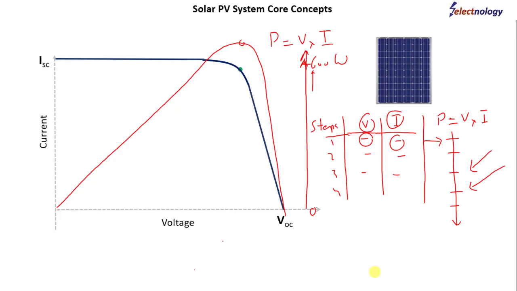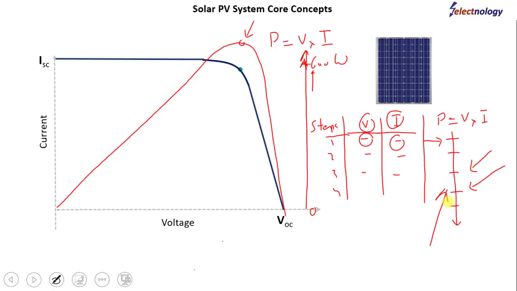Now this graph shows that there is a maximum operating point with respect to voltage and current, meaning there would be an operating point, which is this one, that has the maximum value out of the values calculated in this table.